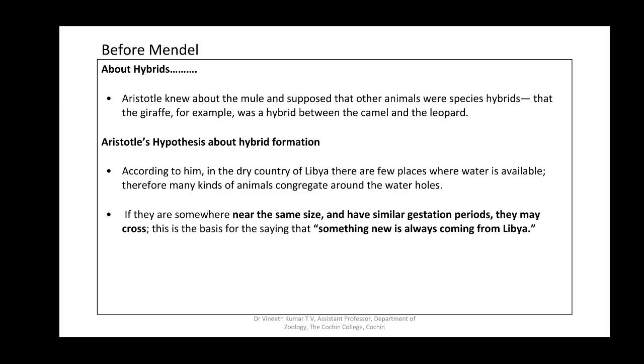It is because during that time there was a saying that everything new always comes from Libya, and there were some natural or geographical specialities that led Aristotle to propose such a hypothesis on hybrid formation.